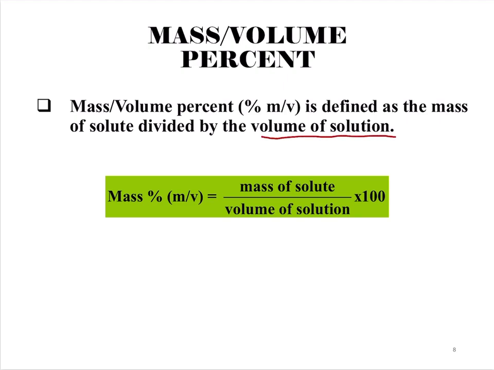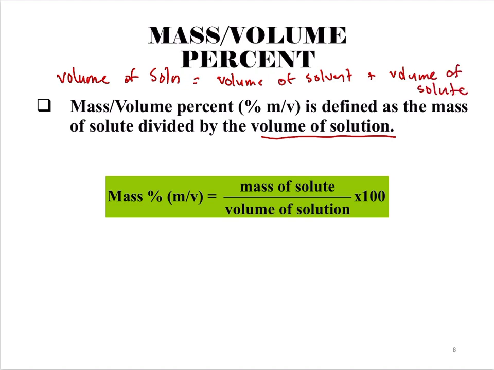The same way last time we had to be careful about the mass of solution instead of using the mass of the solvent, here you just want to keep in mind that the volume of solution is equal to the volume of solvent plus the volume of solute. So the volume of the solution is going to be the volume of both of those.